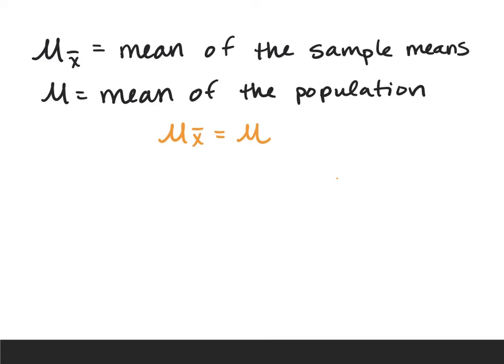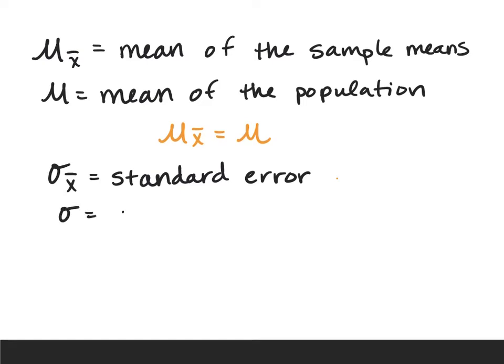When we talk about the standard error, or the standard deviation of the sample means, we just shorten it to say standard error. That is actually going to be different than our standard deviation of the population.